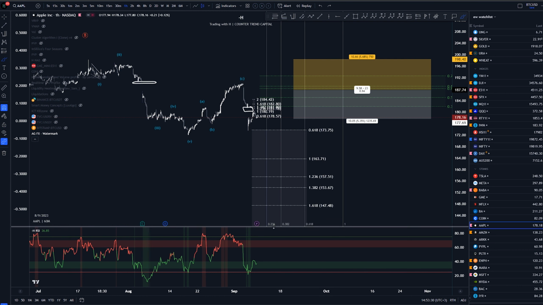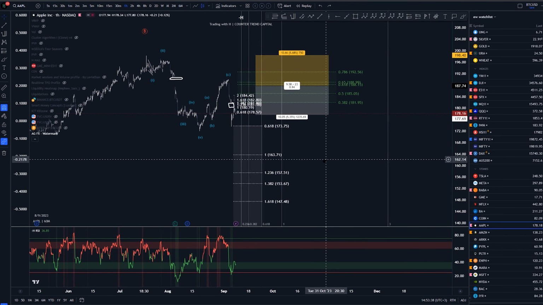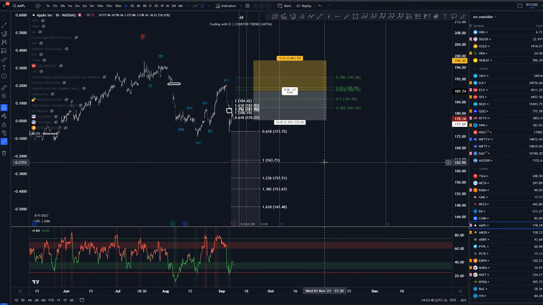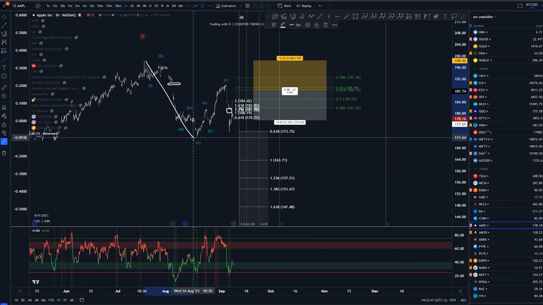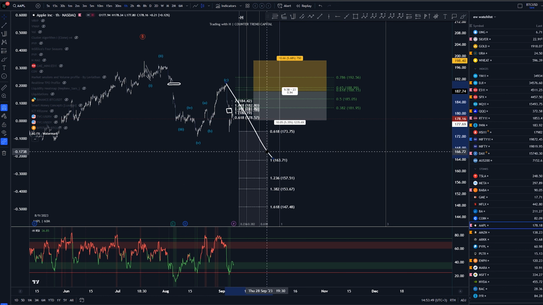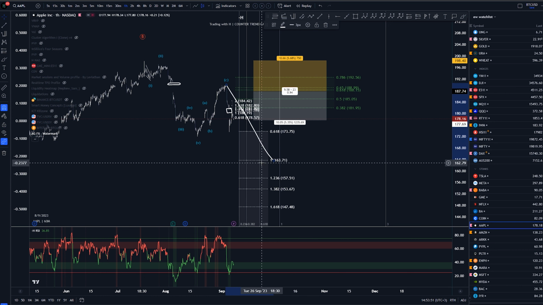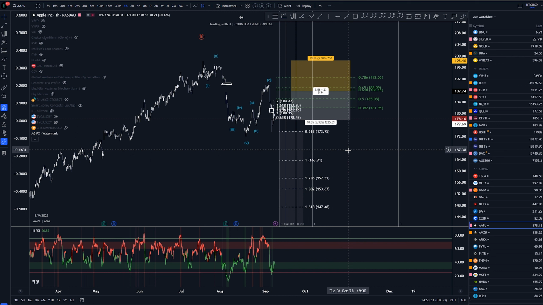So 0.236 should be at least hit. Hopefully 0.382 and 0.618. Even the 1-to-1 is not a bad thing to see, right? So again, at least those. And what I would like to see is just something like this, preferably. So we'll see how that turns out.